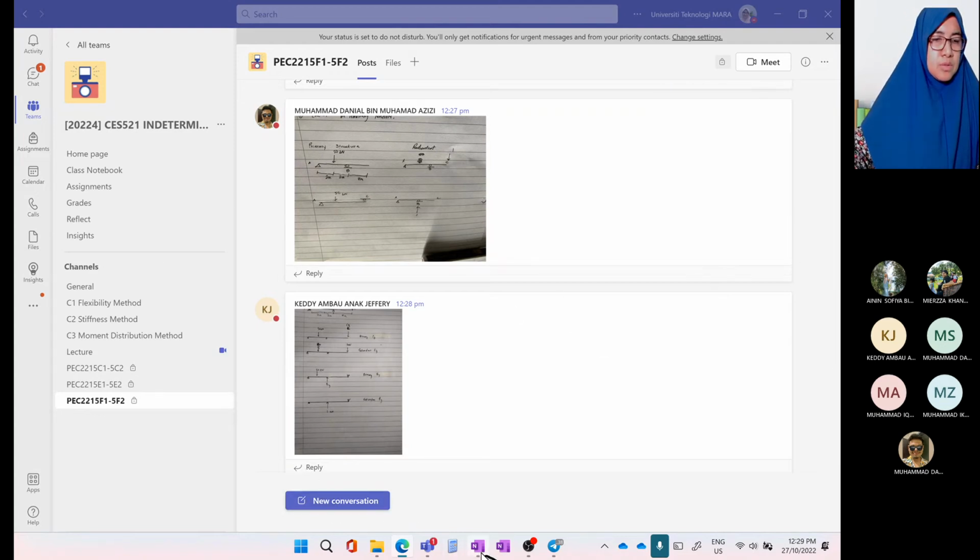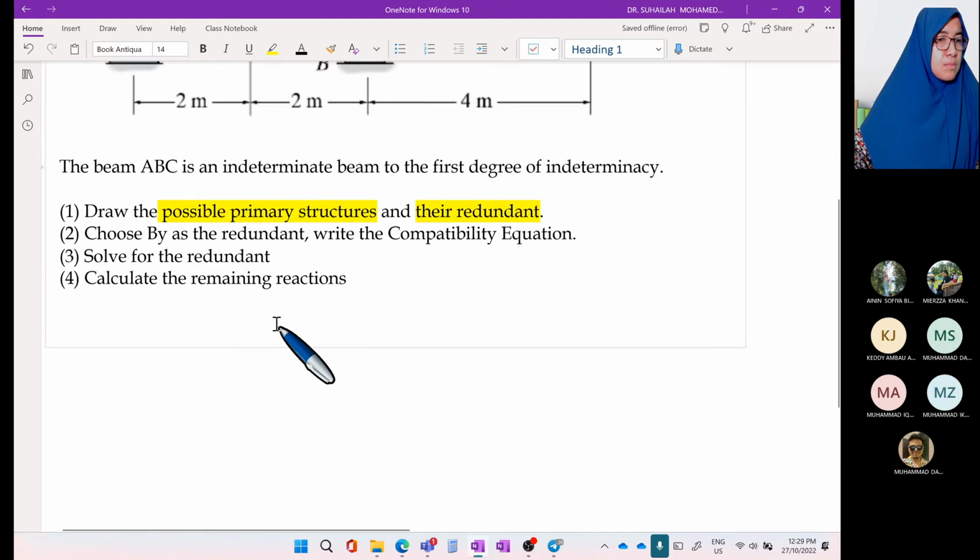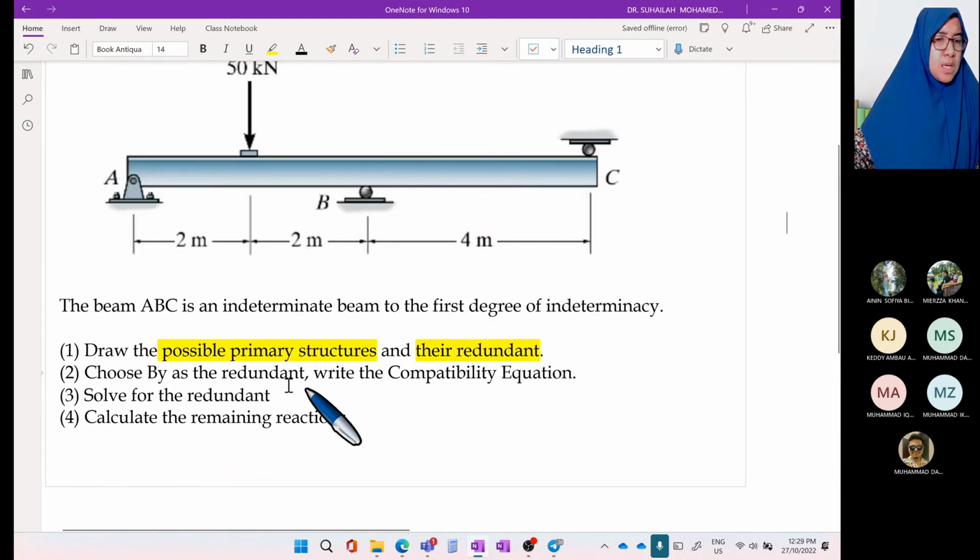Okay. So please continue to the next step. Choose By as redundant. Write the compatibility equation. Follow the previous step, the one that we discussed yesterday. Choose the redundant and write the compatibility equation, the formula.